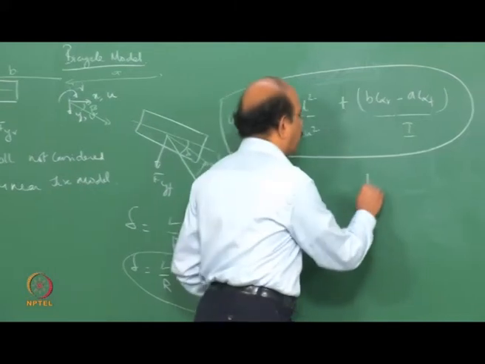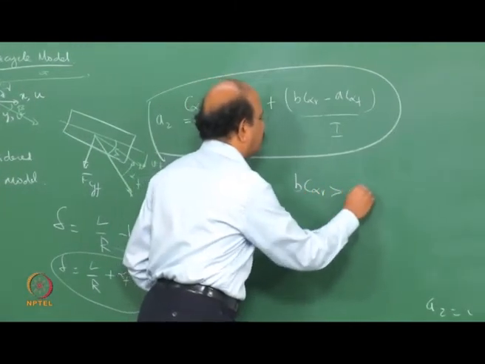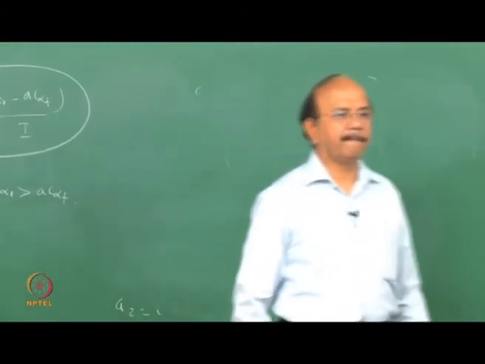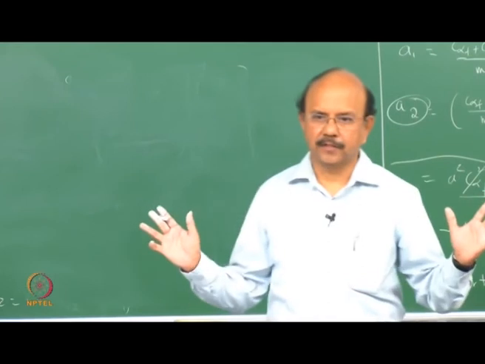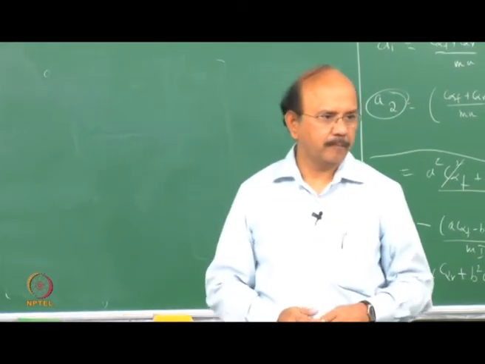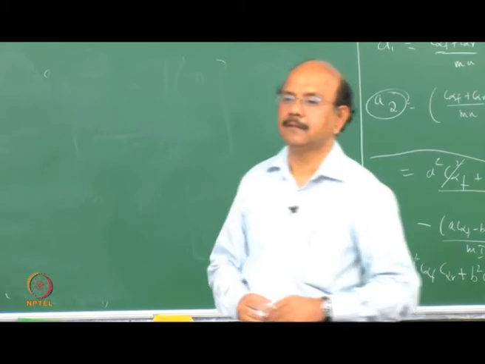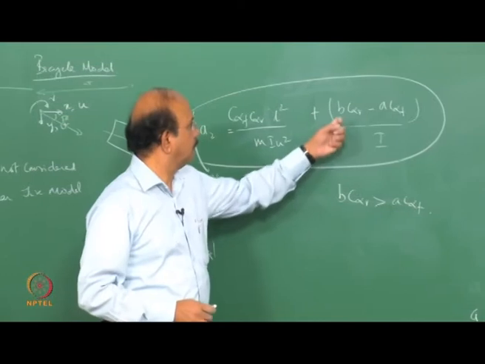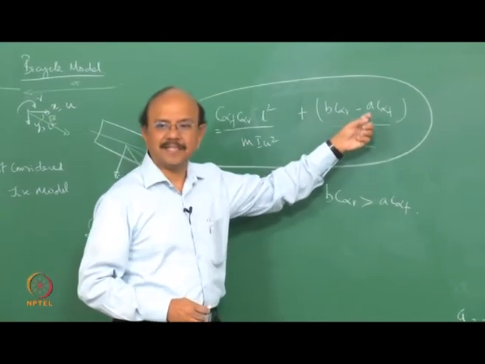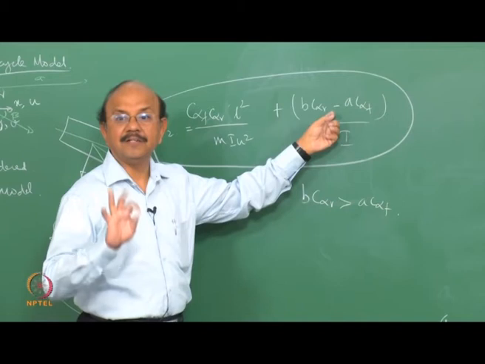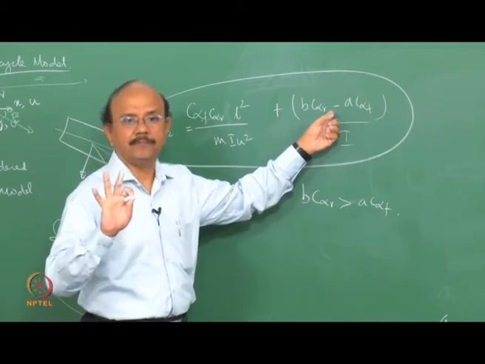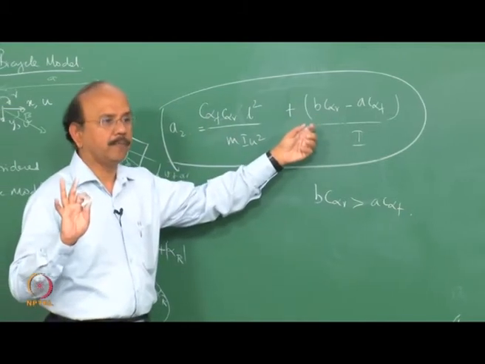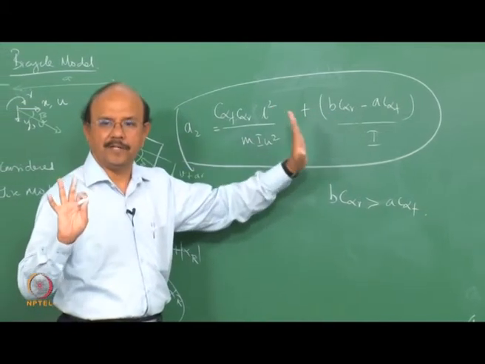So as long as B C alpha R is greater than A C alpha F, do I worry? Nothing to worry. Everything is positive. On the other hand, if B C alpha R is less than A C alpha F, then this becomes negative. There's a cause of worry. It's not that the total sum becomes negative, but there's a cause for worry. That's all I would say.